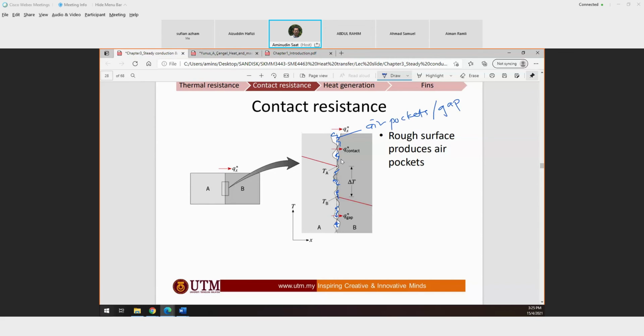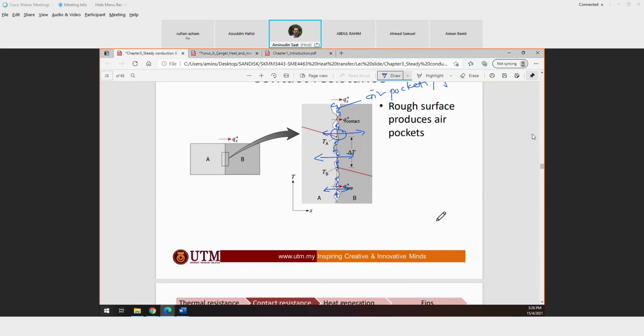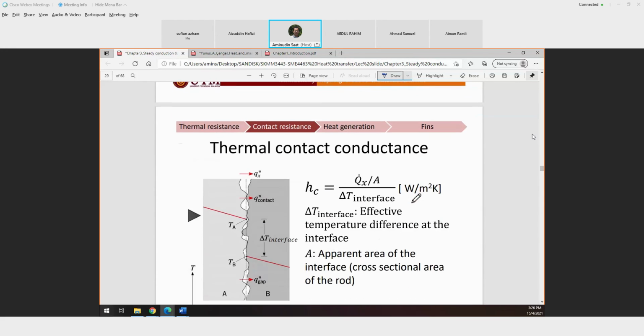When you have direct contact metal to metal, the heat can easily transfer, but if there is no direct contact and you get air pockets, this creates an extra layer, introducing air as a layer of thermal resistance. You don't need to calculate it, but in some cases you need to consider it in your calculation.